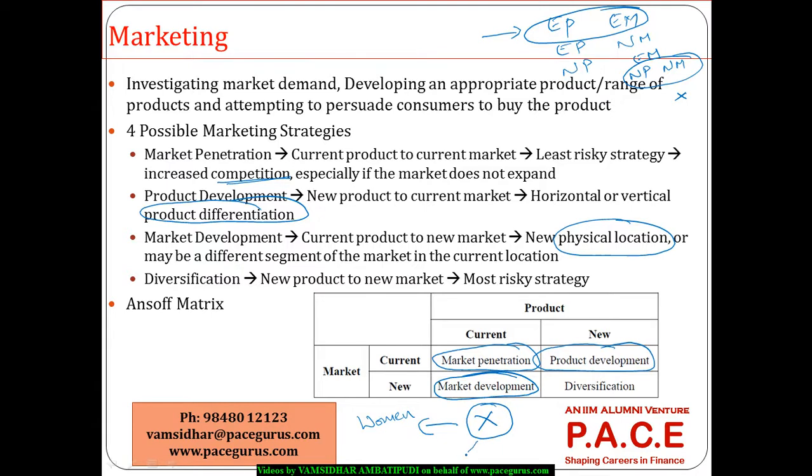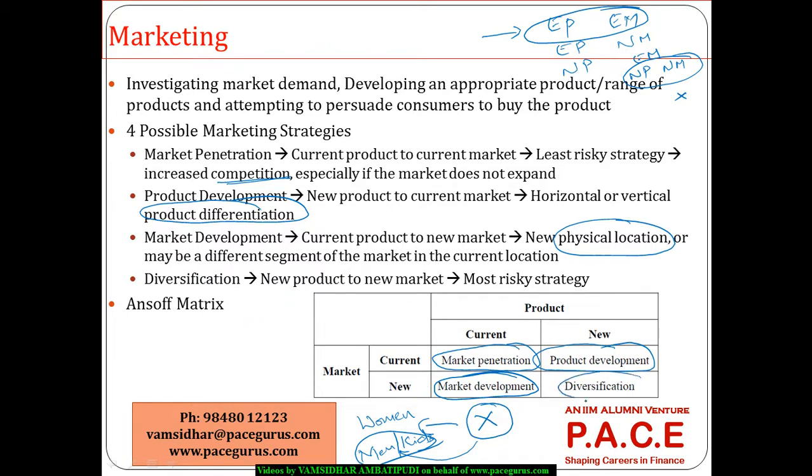Now, using a different promotion campaign, the same soap X can be targeted towards men or towards kids, saying that there is something beneficial to kids as well in that particular brand of soap. Which means I'm not moving to a new geography, but I'm trying to pitch the same product to a new set of customers altogether.